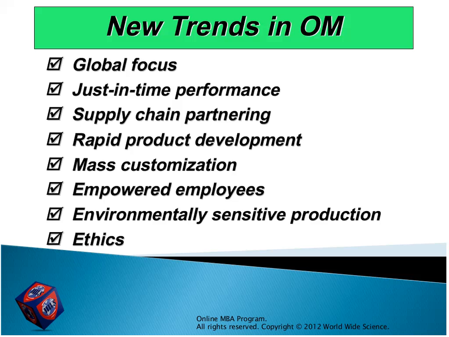Environmentally sensitive production. Environment is now very, very important. We call it green technology. So if you want to produce a product, you should consider environmental issues. You shouldn't produce products that stay in the environment for a long time and cannot be reused or recycled.